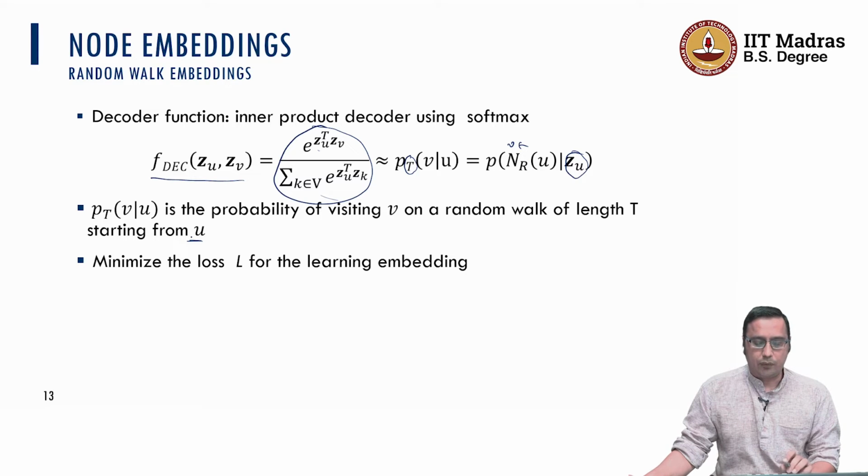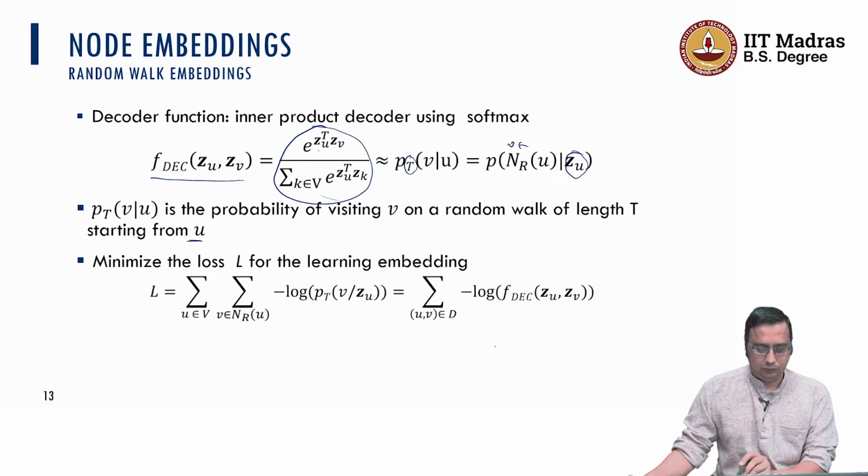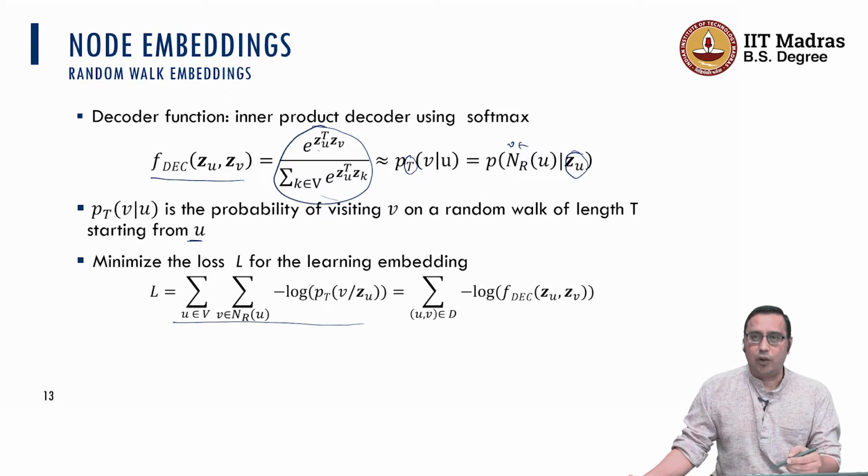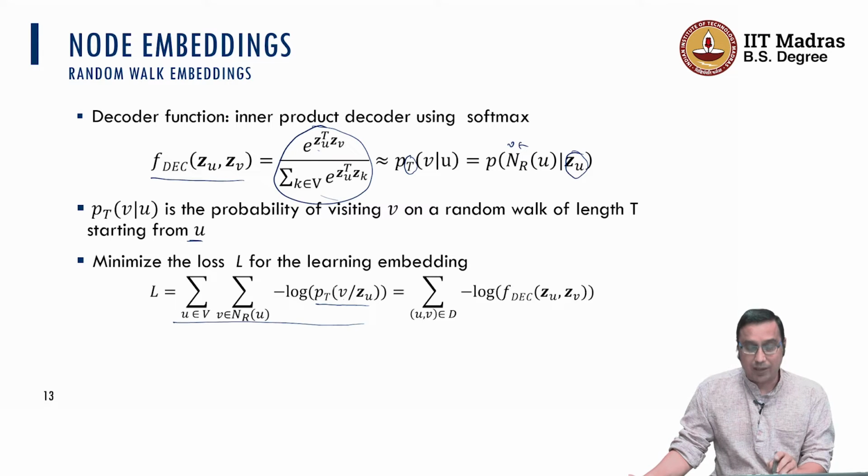We are going to minimize the loss for learning the embedding. I keep showing you the same loss function because every time I am changing the loss function to get to what we started with. Remember that earlier I had P_t(v | z_u) in the previous slide, summed over them. Now I am changing it by substituting, because we are interested in predicting this probability.